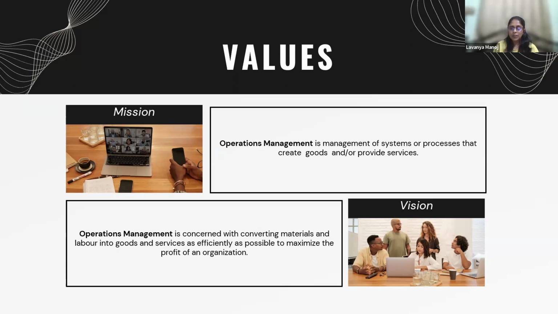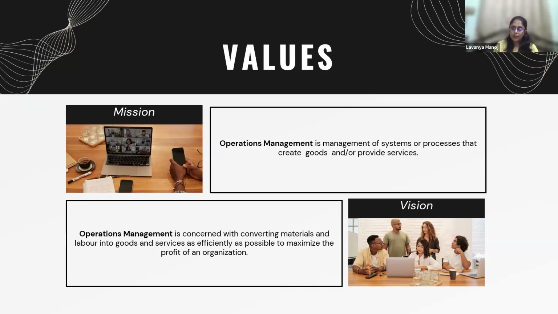They can communicate their idea for this system to the top management or to the middle level management, that is the tactical level or the strategic level people, and they can get approval, and if that system is accepted by all levels of employees, it can be implemented. So it is a management of the system or processes, the day-to-day operations of the company, that create goods and provide services.